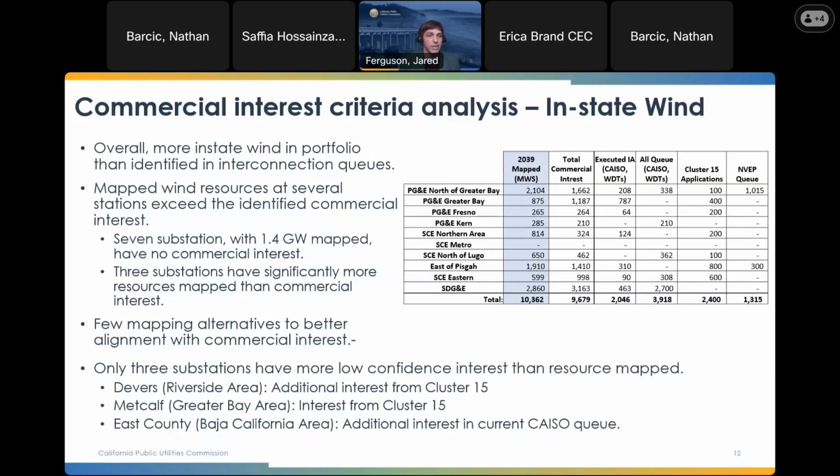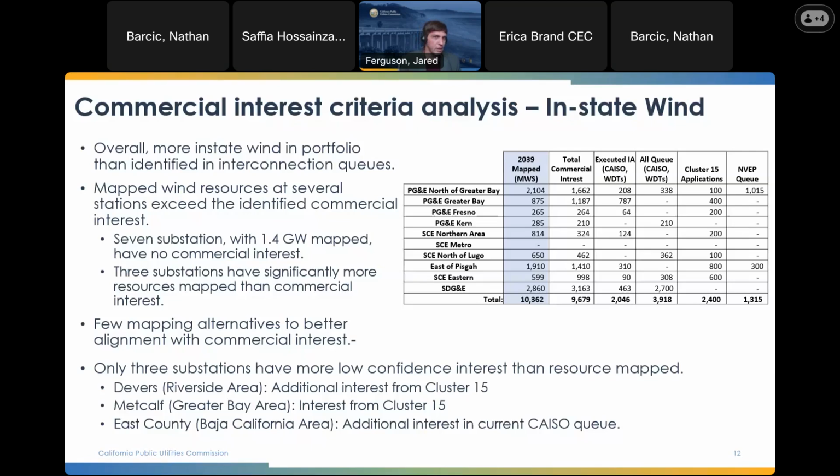The Devers substation has additional interest from the Cluster 15 application. That is an area where, on the land use analysis side, we're seeing hardly any resource potential, so at the time that is why we did not map more there.